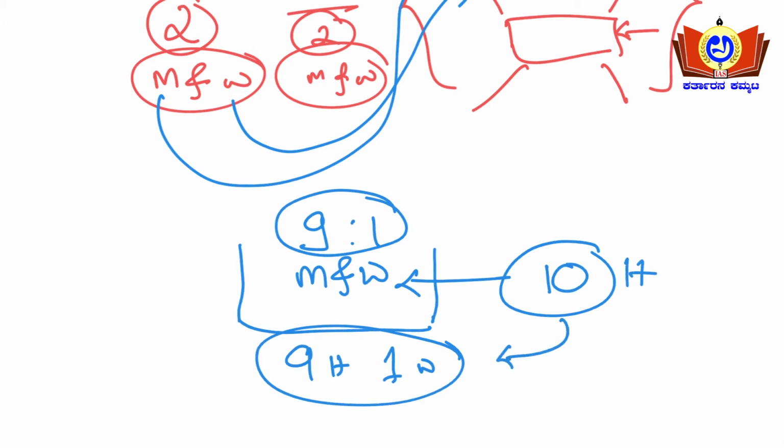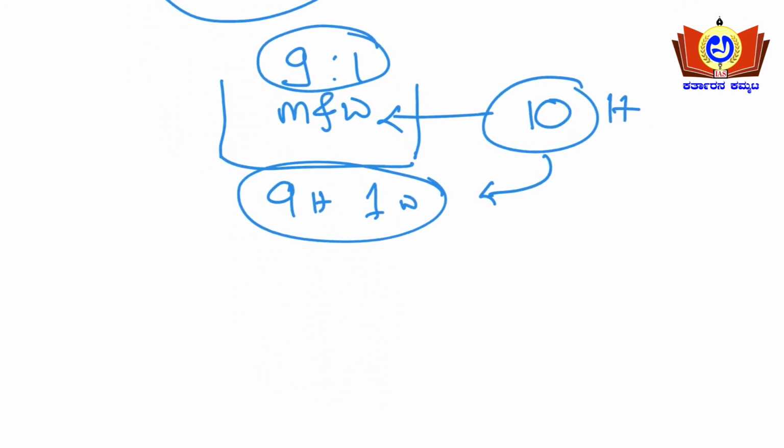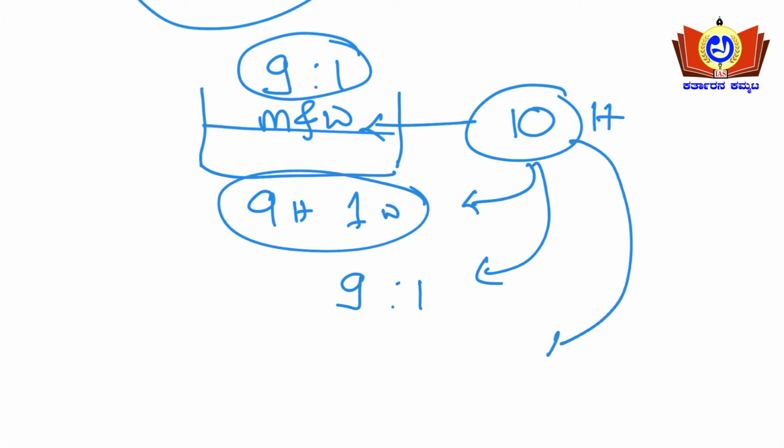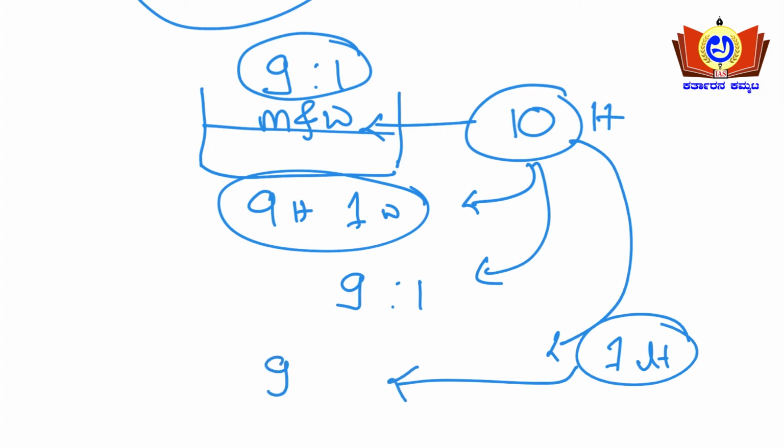In that 10 liters there are 9 liters of milk and 1 liter of water, so the ratio is 9:1 out of 10 liters. From this 10 liters, if I remove 1 liter, the ratio of milk to water will be the same, 9:1 only. The ratio doesn't change, right? Only the quantity that I am removing from the tumbler changes here.